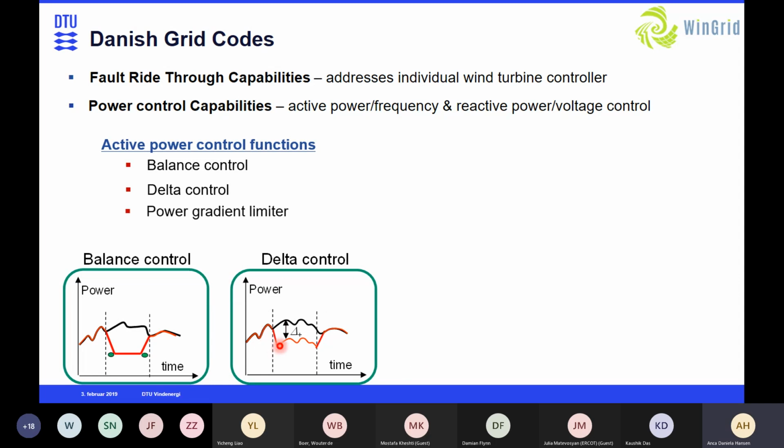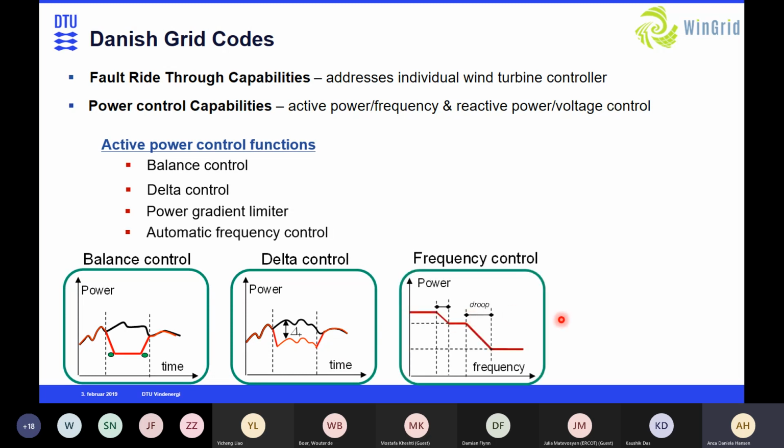We also have the power gradient limiter, which determines how fast the wind farm production can be adjusted upwards or downwards. The automatic frequency control, whereby the wind farm must be able to produce more or less active power in order to compensate for possible deviant behavior in the frequency, measured at the wind farm point of common coupling.